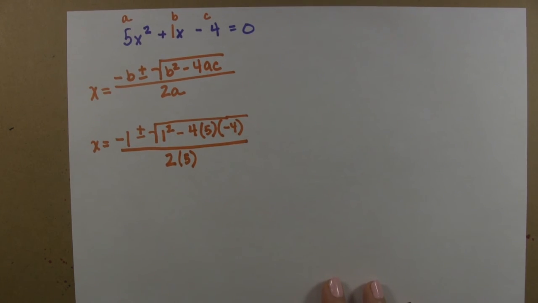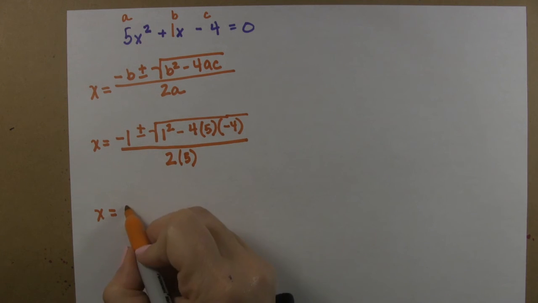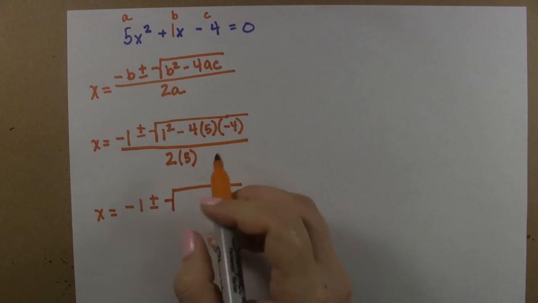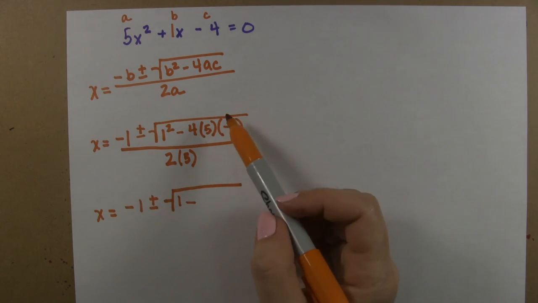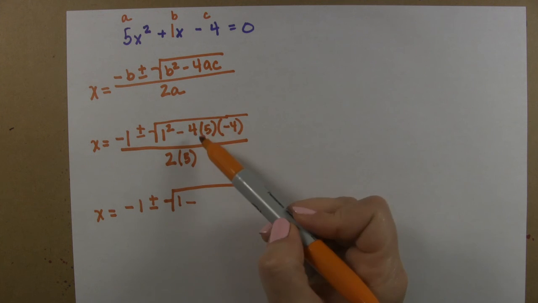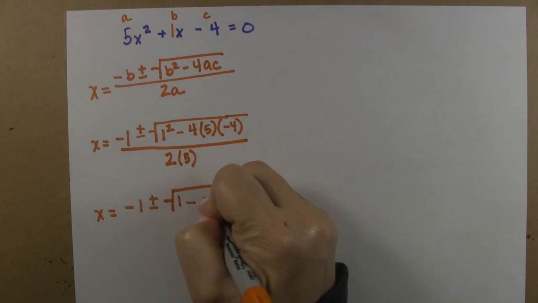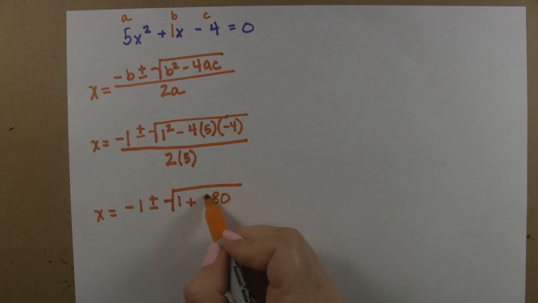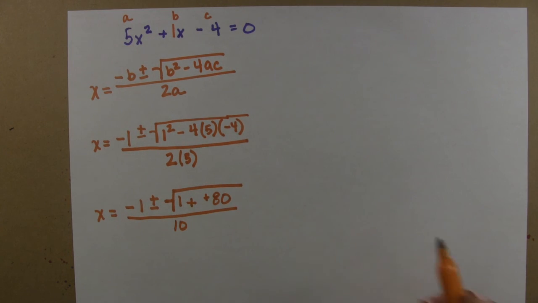All right, so simplifying again, x equals negative 1 plus or minus the square root of 1 minus, and then you do 4 times negative 4 times 5, and you get negative 80. And then I know that that really becomes plus a positive. And I put that over 10.